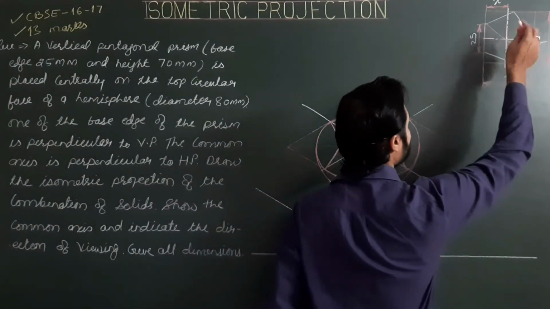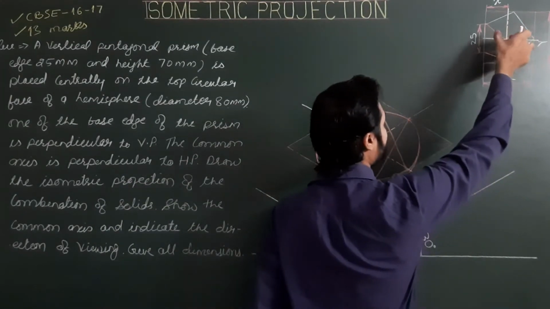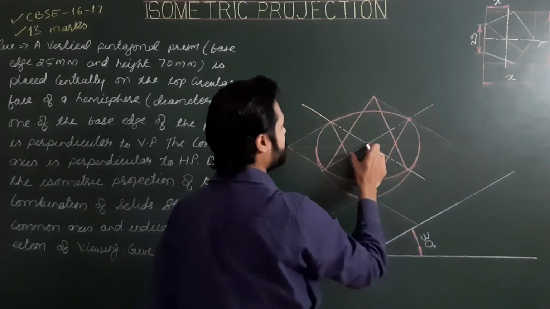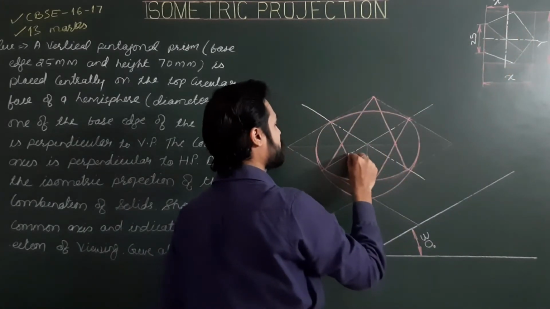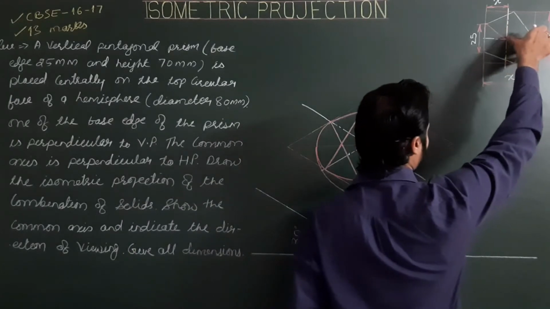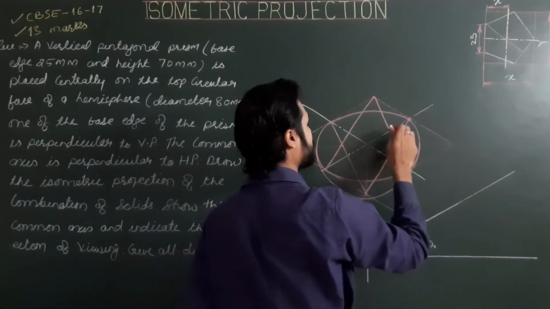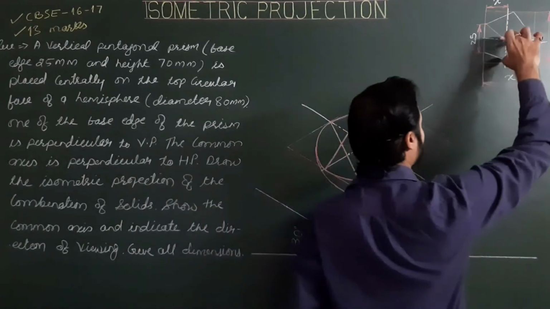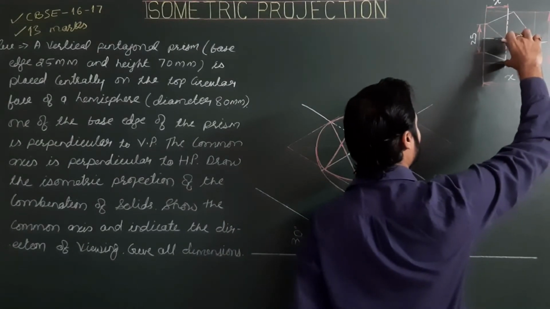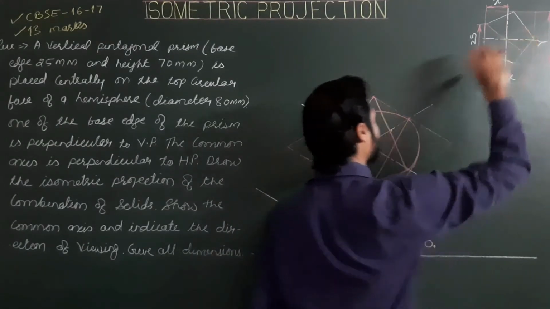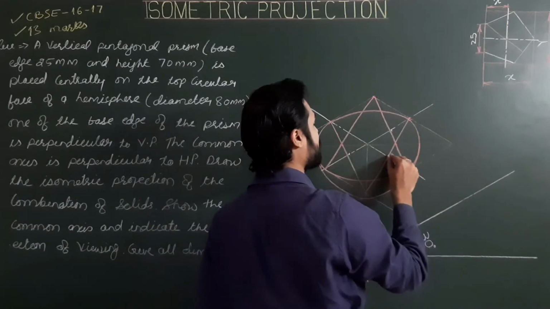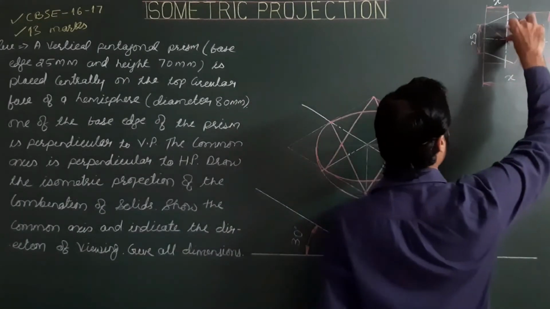So from the center we have to mark this limit along the first center line, and the limit or length or distance parallel to Y is to be marked along the second center line.